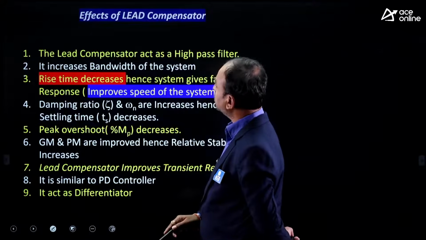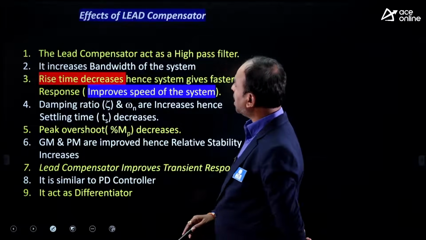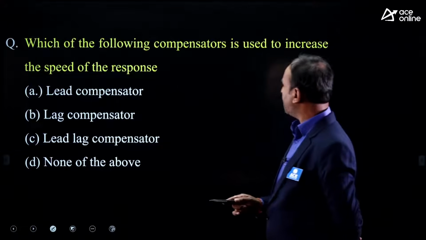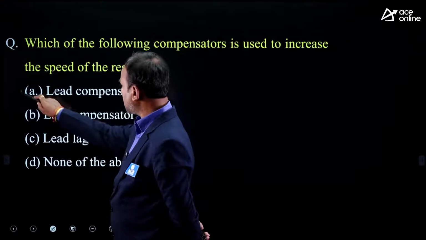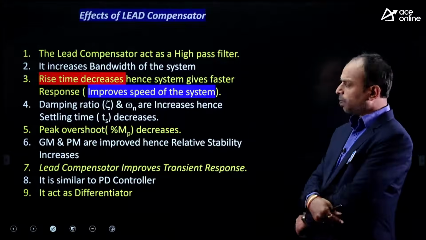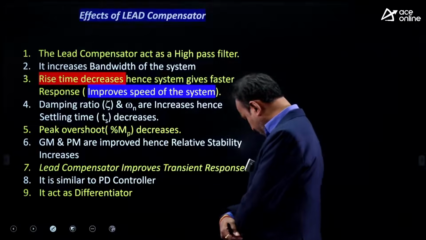The opposite of these points are the lag compensator's. So the compensator used to increase the speed of the response is, no doubt, the lead compensator. Option A, very good.